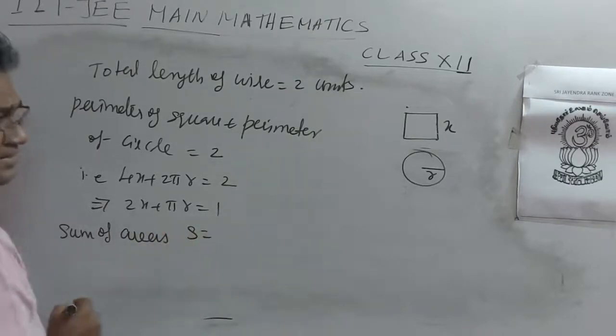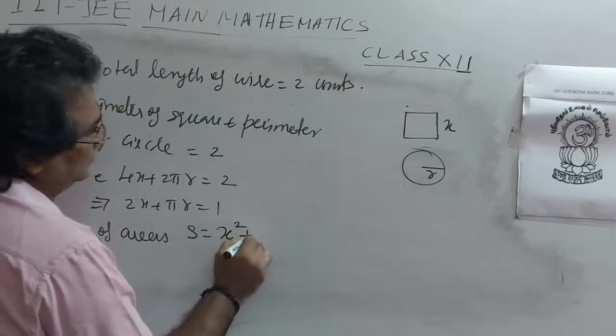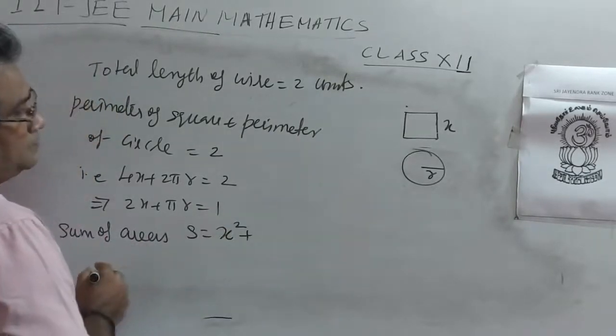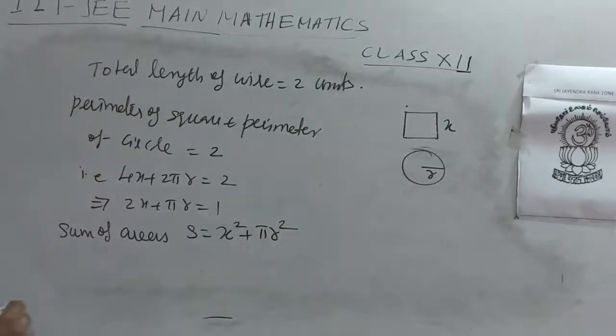Sum of areas S equal to, for square we know that x squared, for circle we have pi r squared.